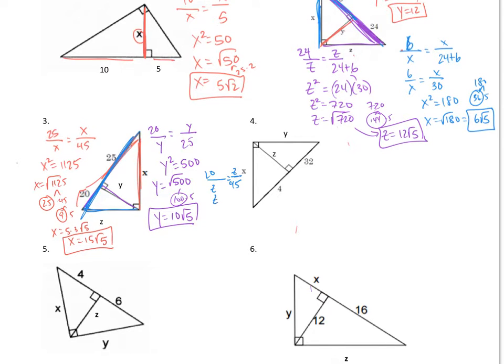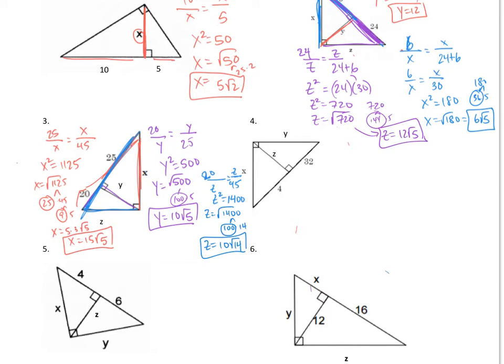So z squared will be 20 times the 45, which comes out to be 900. And breaking this down, we end up with z equaling the square root of 900. 900 is 100 times 9. So this 9 breaks down. The square root of 100 is 10. So z is 10 root 14.